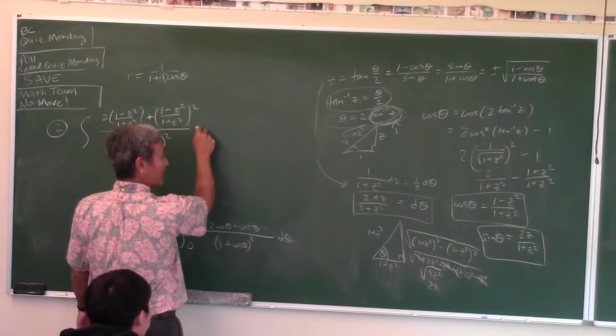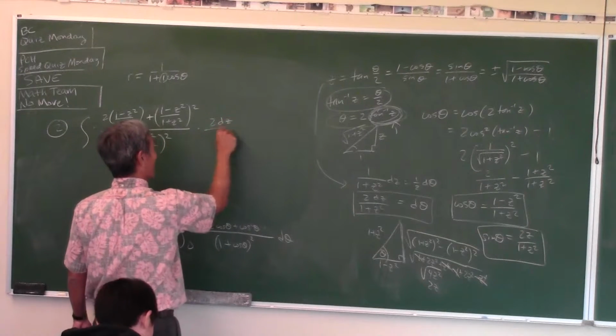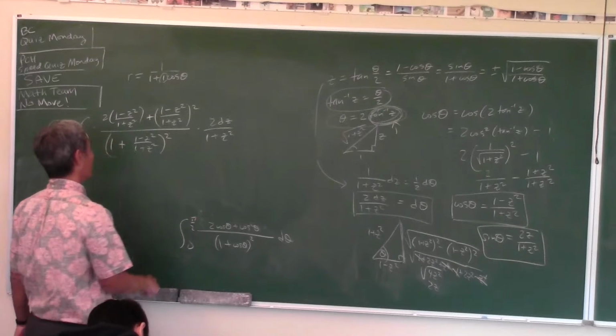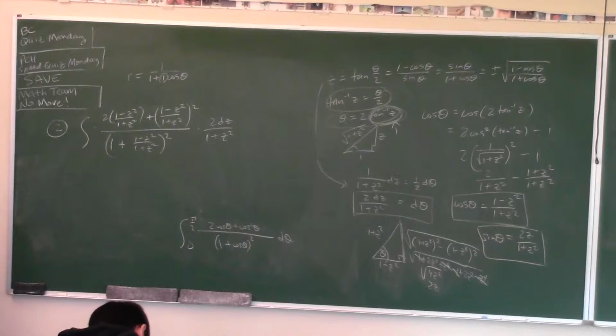Where's d theta? 2 dz all over 1 plus z squared. There you go. Looks like it's going to be pretty decent.